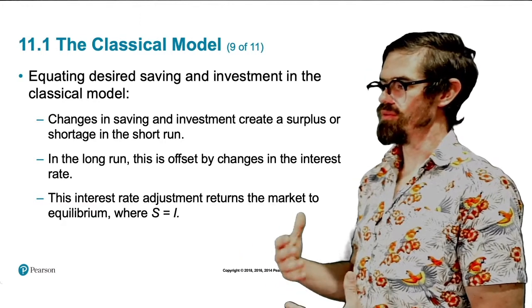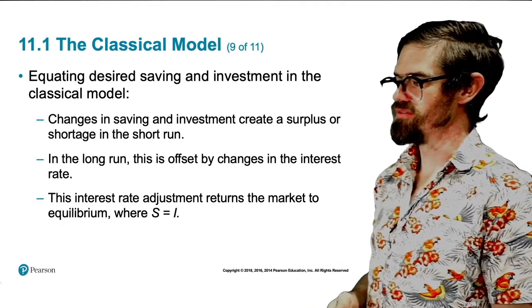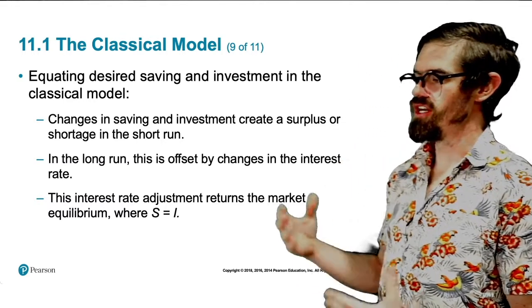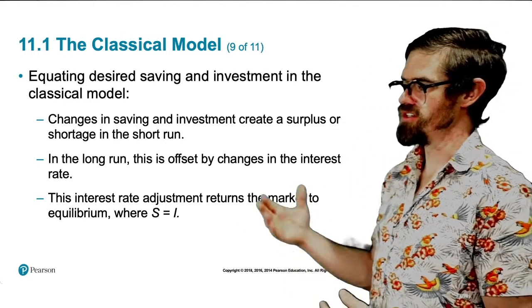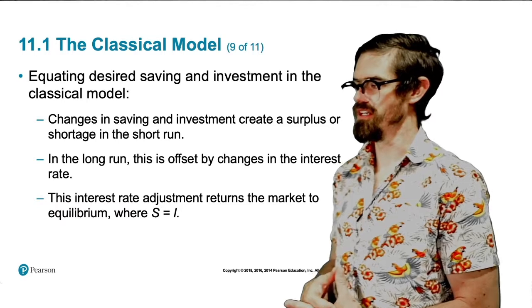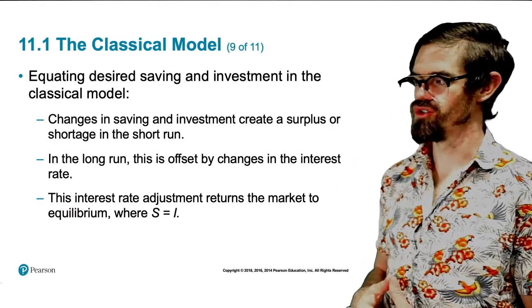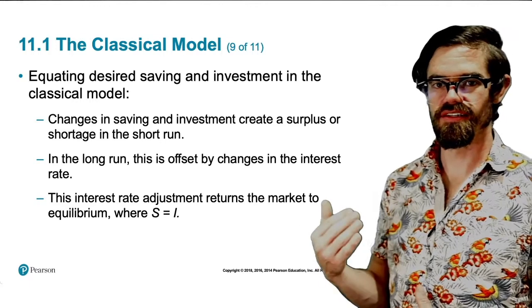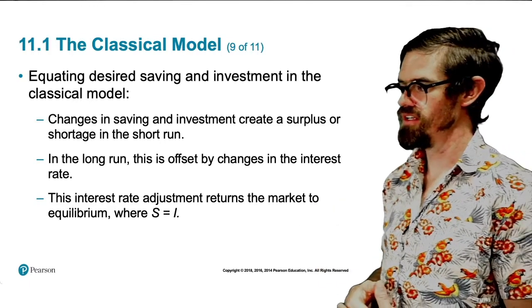Now, when we equate these levels of savings and investment in the classical model, any changes in these things, a change in savings or a change in investment, can create a surplus or a shortage in the short run, given that the interest rate has not yet changed.